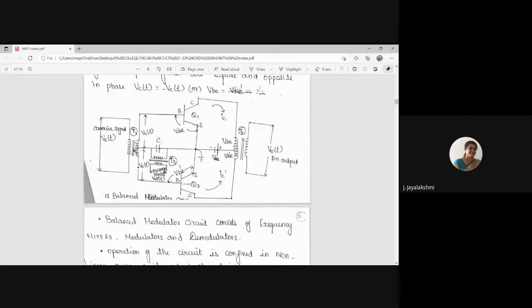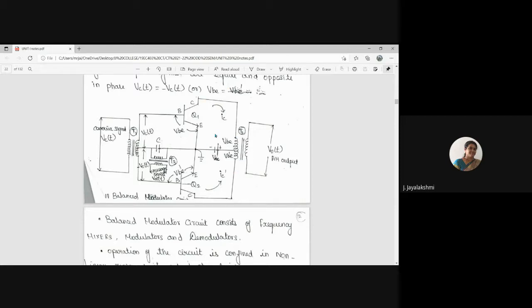Remember, one of the transistors will be turned on and the second transistor will be turned off, depending upon the positive half cycle and the negative half cycle. The base-emitter region will be forward biased for the positive half cycle, and for the negative half cycle the other will be forward biased. So there will always be an output current flowing through these windings.